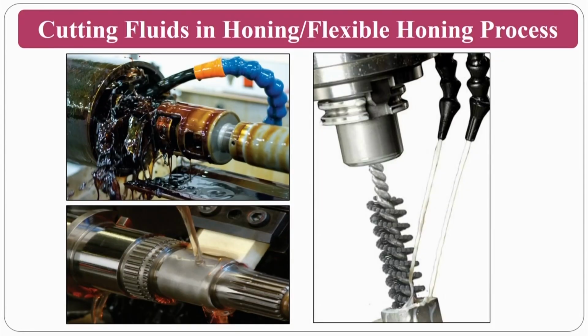As you can see here in the figure 1, the lubricating oil is used directly without any water in it, and at the same time you can also see in the flexible honing that people are using the undiluted cutting fluids, which have potentially lubricating characteristics.